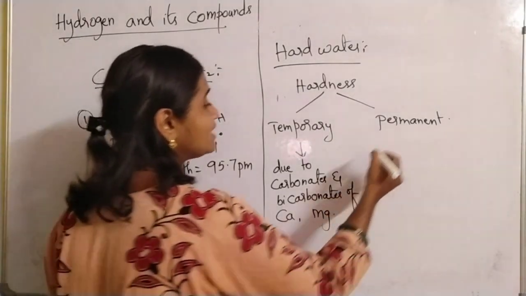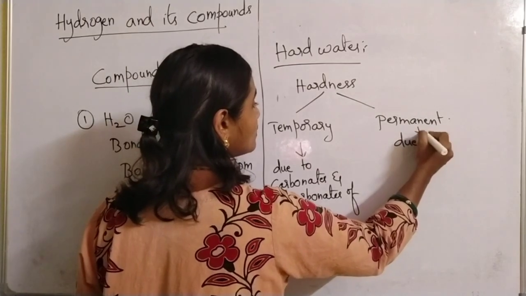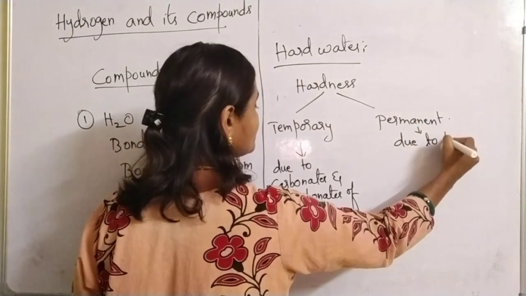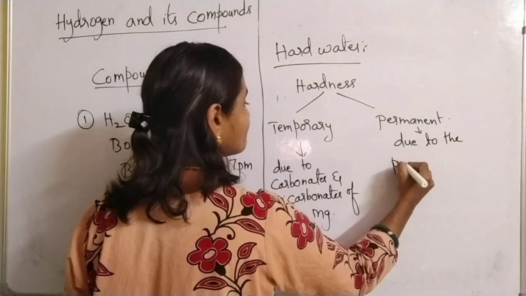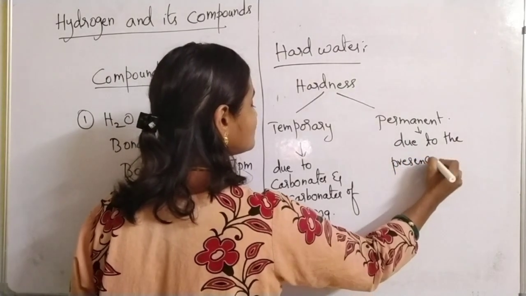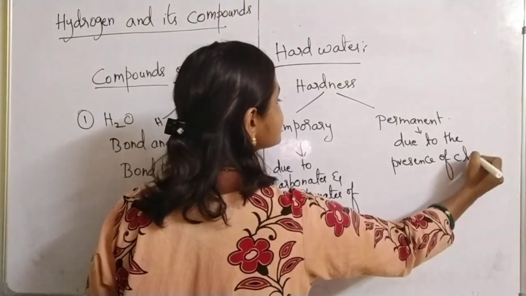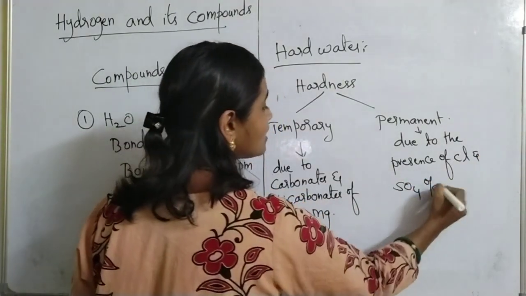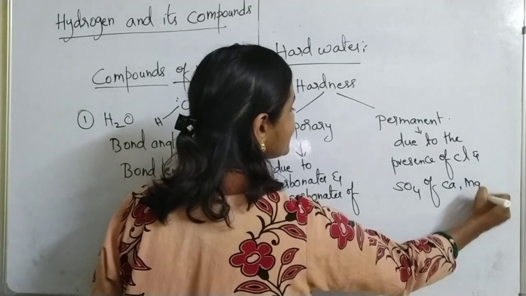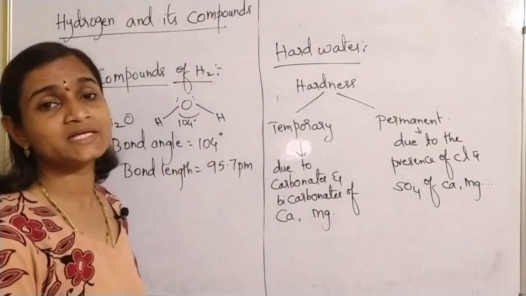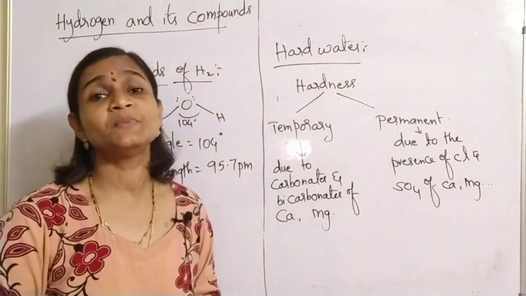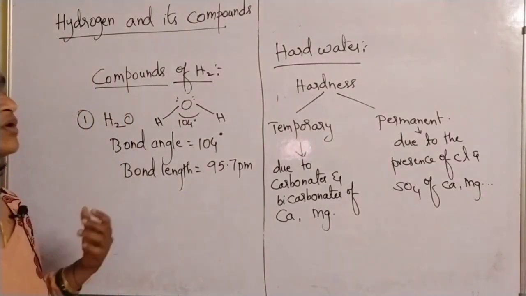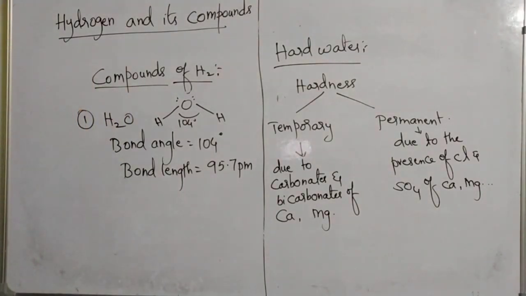Permanent hardness is due to the presence of what? Due to the presence of chlorides and sulfates of calcium and magnesium. If they are present, then it gives permanent hardness for water. So, temporary and permanent hardness.